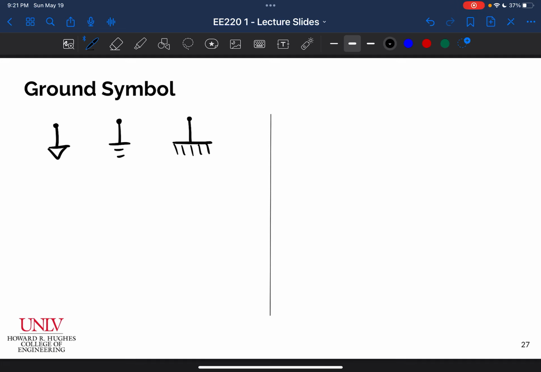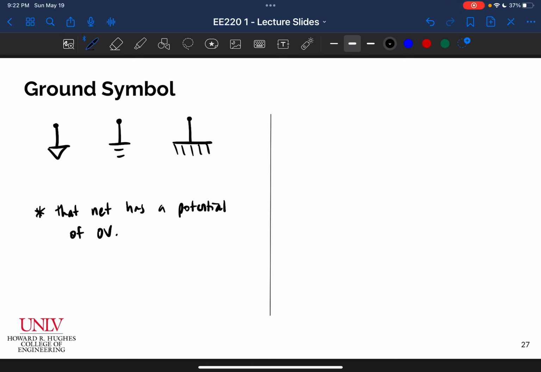I have an entire 1,300 page book somewhere in my Google Drive all about ground, which proves that it's an exhaustive topic just on grounding alone. But for this class, it's good enough to just note that what ground tells us is that the node or net where I see the ground symbol has a potential of 0 volts.